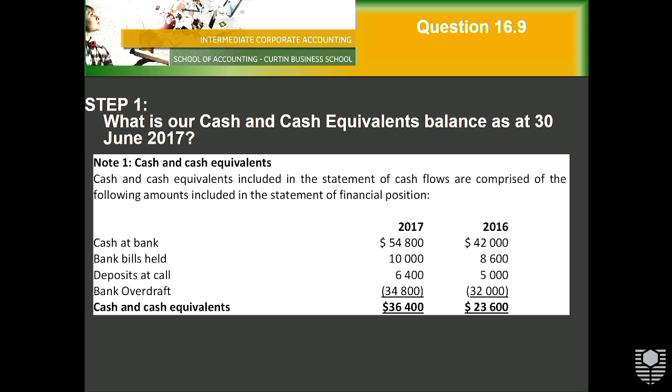So item A in the additional info, we know that there's some new equipment was purchased, of which 17,400 was paid in cash. So if something is paid in cash, we know we're going to immediately, we've got an outflow there of 17,400. All right, so you might want to highlight that with your highlighter as you're going through.